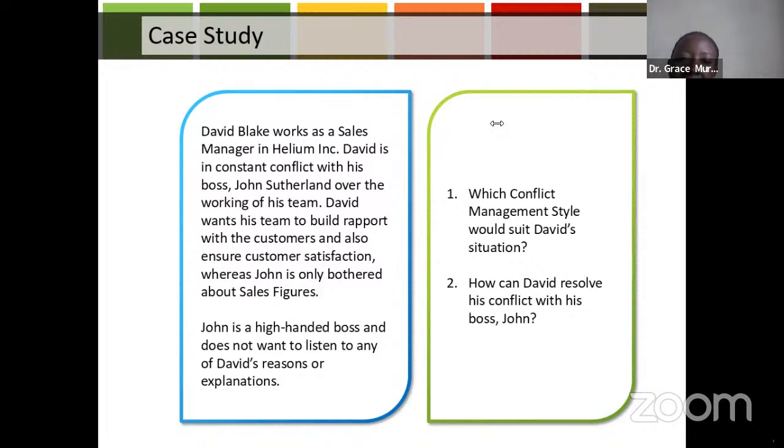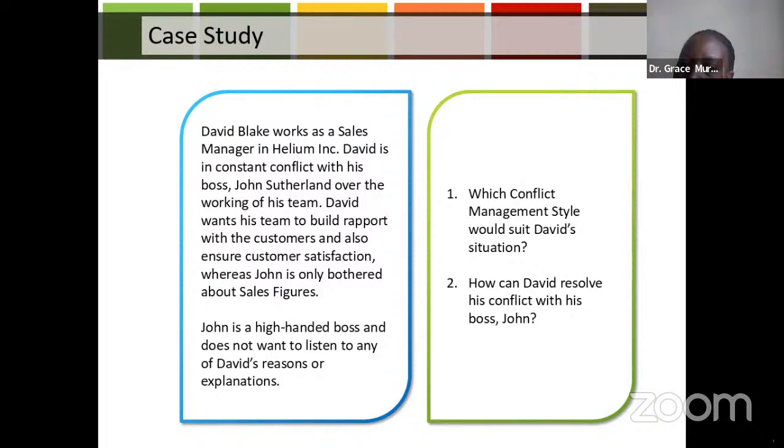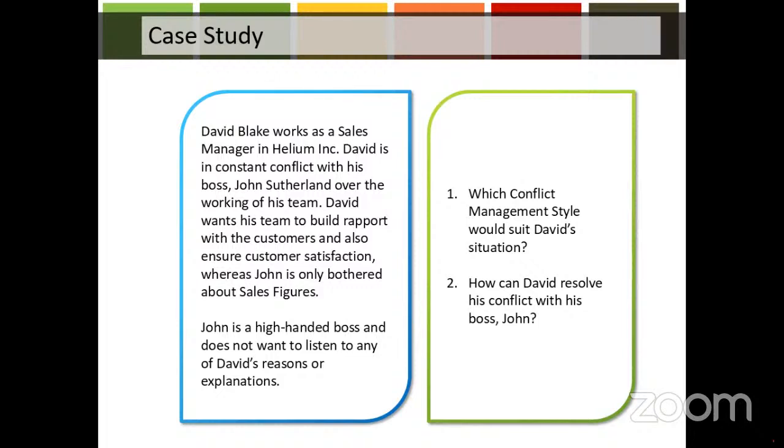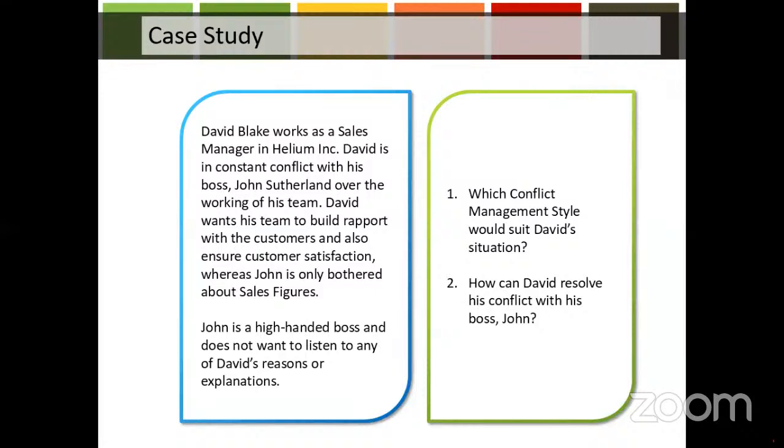Let's hear from someone else. Chris, I will go for compromise, where I will be expecting John to tone down, although he is high-handed. If John tones down to an optimum place and tries to listen to David, we will be working at results, and at the same time David is interested in building rapport with the customers and ensuring customer satisfaction is met.